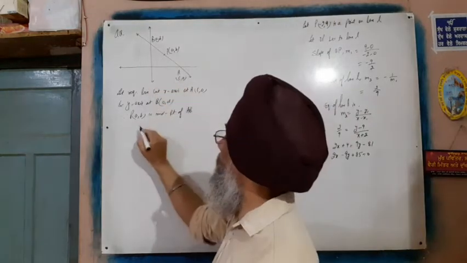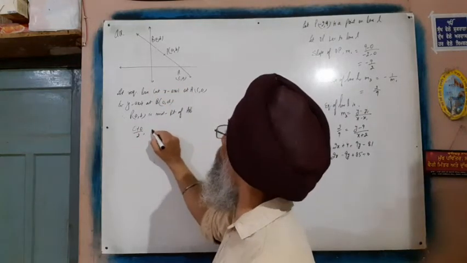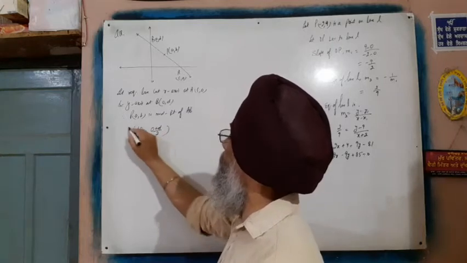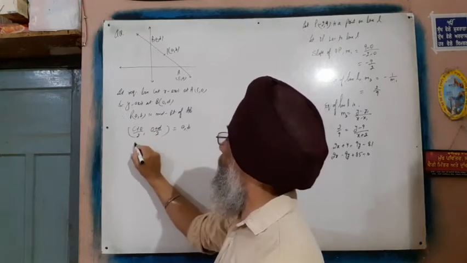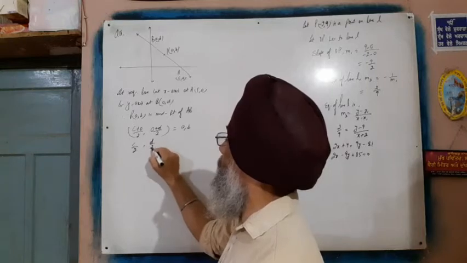So (x1 plus x2) upon 2, (y1 plus y2) upon 2 must be equal to (a, b), that is c upon 2, d upon 2 is equal to (a, b).